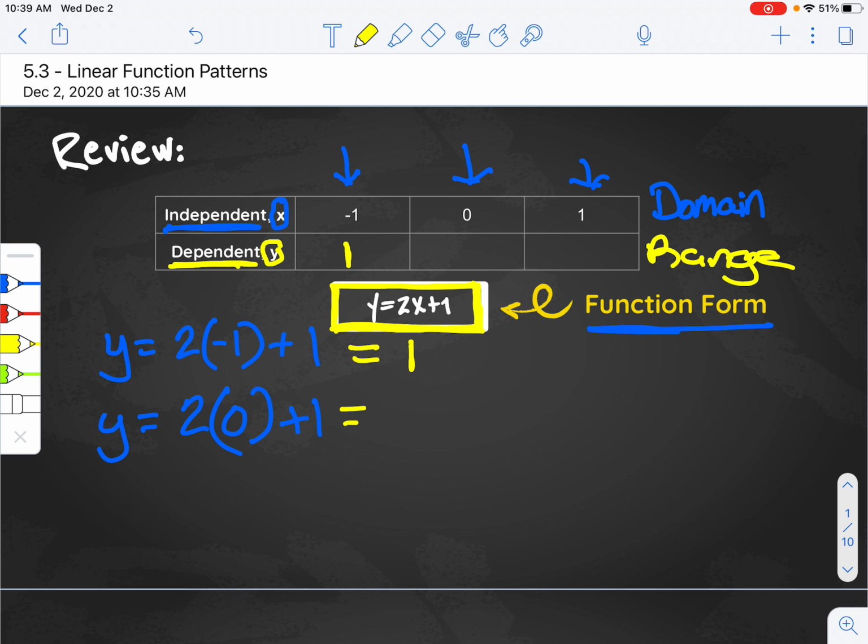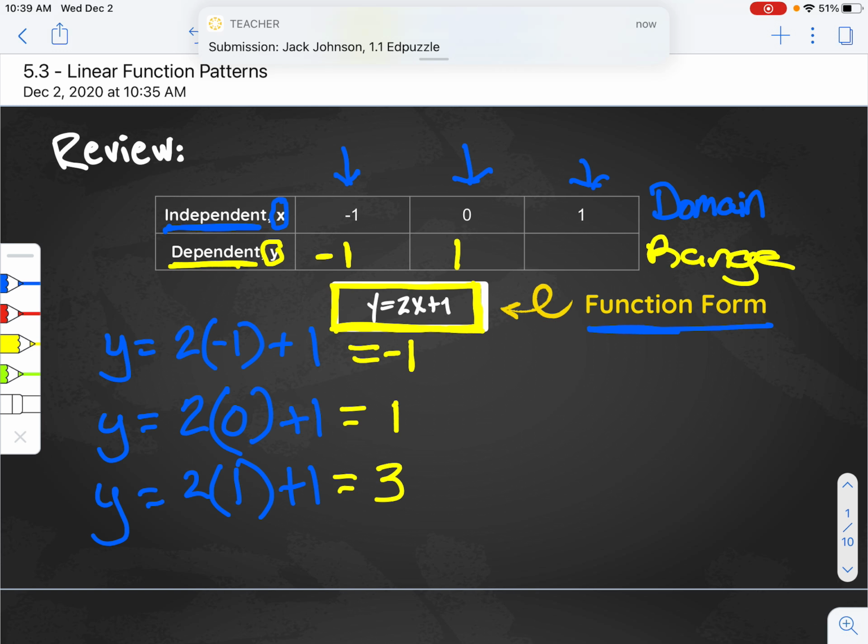We would get another dependent variable. 2 times 0 is 0, plus 1 is +1. And if we put our third x value into our function, 2 times 1 is 2, plus 1 gives us 3.